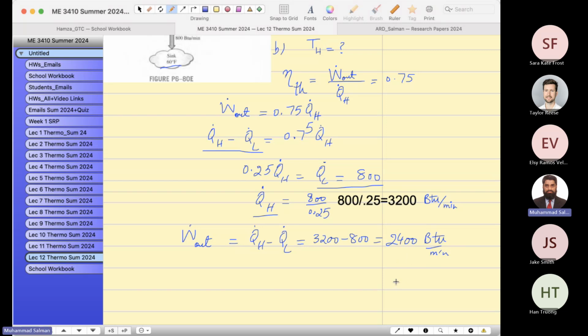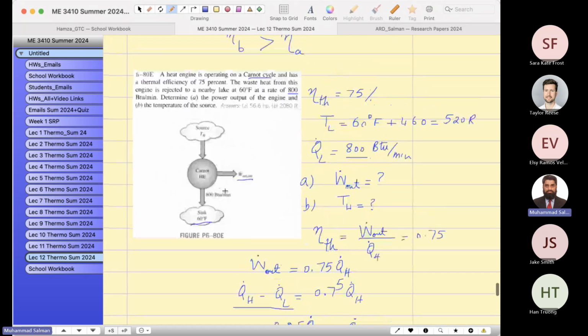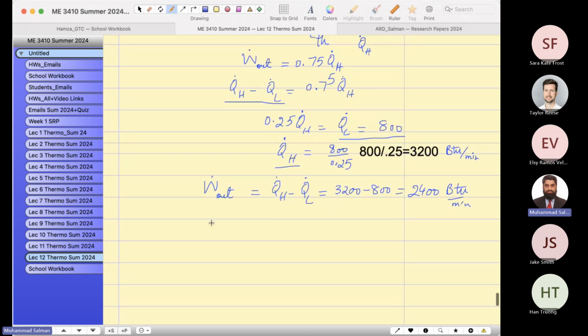How do you go from BTU per minute to horsepower? Because the answer is asked in horsepower. So we know that there is a conversion. 1 horsepower equals 2545 BTU per hour. And our answer is in BTU per minute. How do you go from minute to hour? It's not difficult, there are 60 minutes in 1 hour.